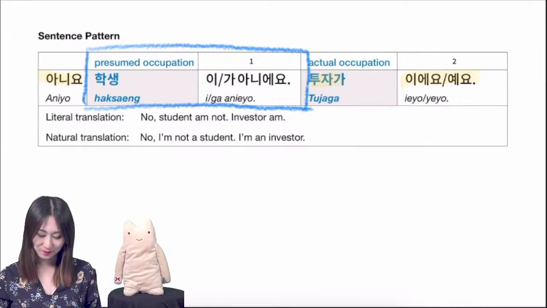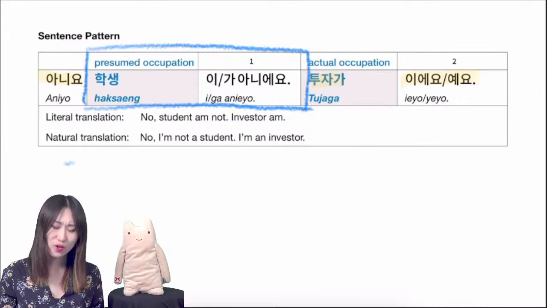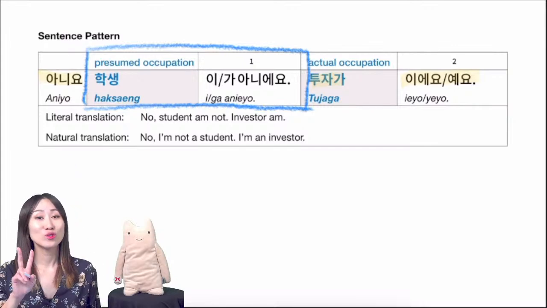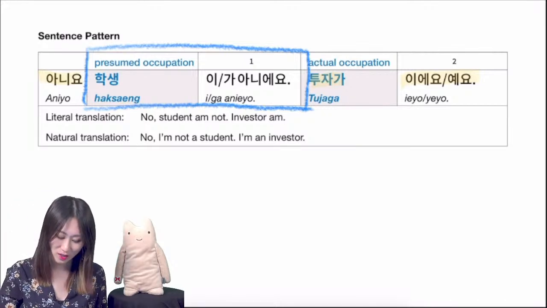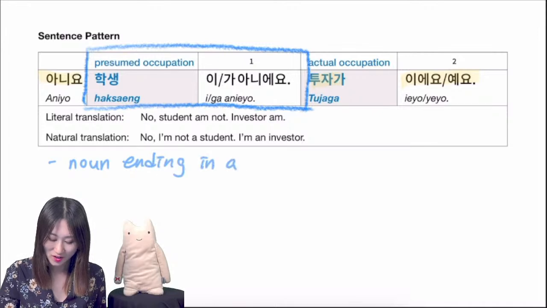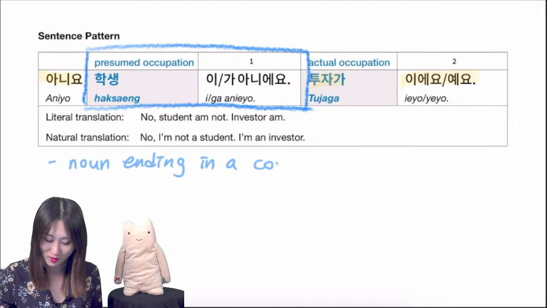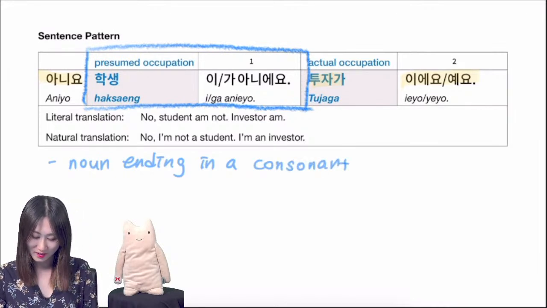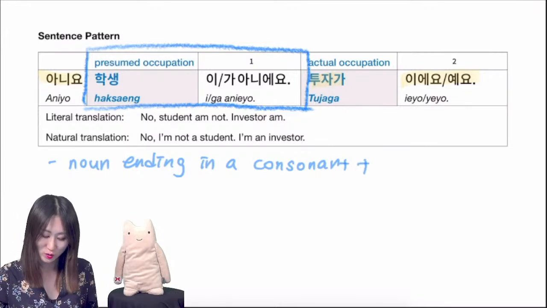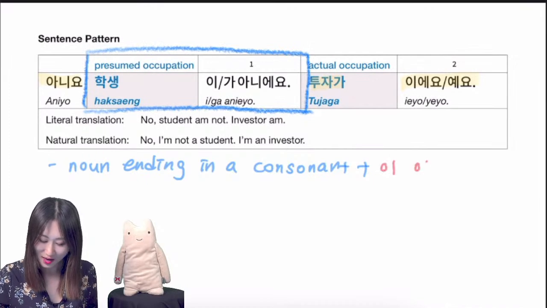학생이 아니에요. Yes, there are two patterns. So if the noun ends in a consonant, what happens? For example, 학생, then you use 이 아니에요.